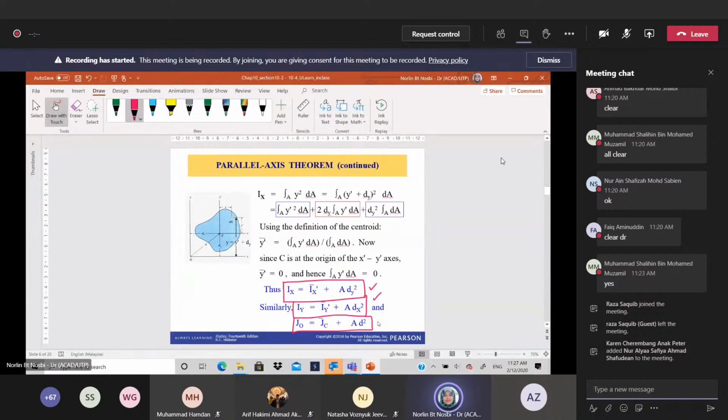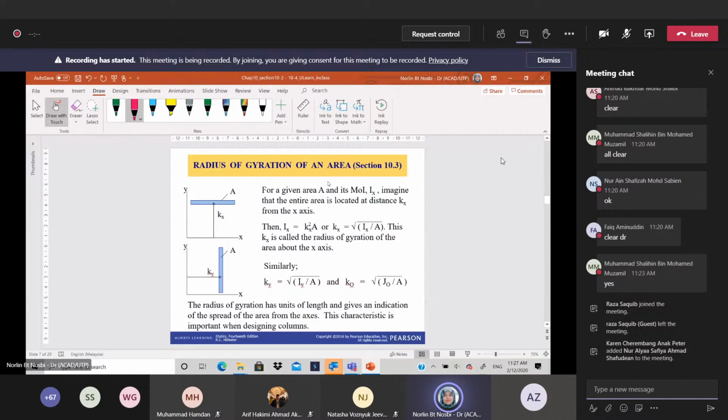Now let us see the radius of gyration. We just covered the moment of inertia, and now we look at the radius of gyration, known as kx or ky. kx is measured from the origin until the centroid, and for y, at the y-axis, from the origin until the centroid.